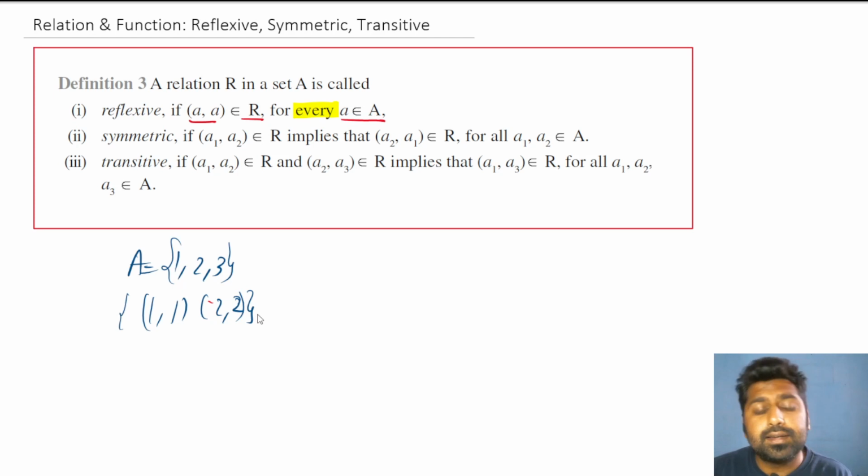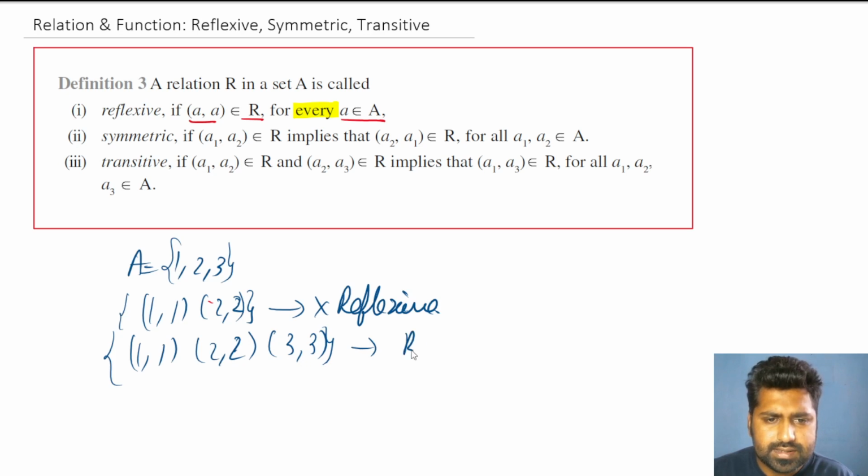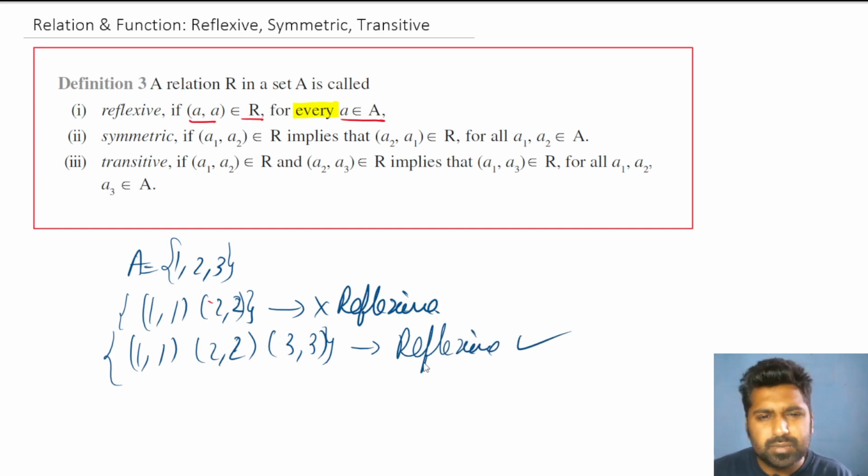So unless and until (3, 3) is present, I'll say this is not reflexive. If (3, 3) was present, then I would say yes, it is reflexive. Only this definition has the word every.